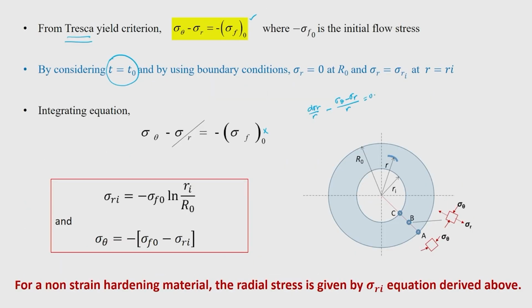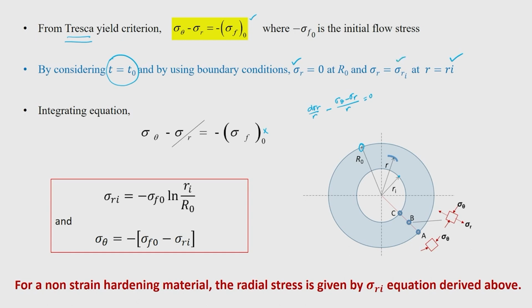Okay. So if you want to integrate this equation, we follow the boundary conditions. What is the boundary condition? We know that at r naught, that means at the edge of this flange region, sigma r is equal to 0. And another limit is this inner radius, at r is equal to ri, where we say there is some radial stress, that is sigma r is equal to sigma ri.